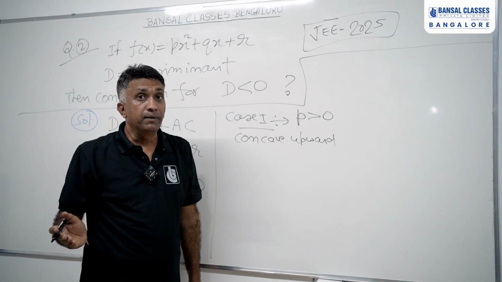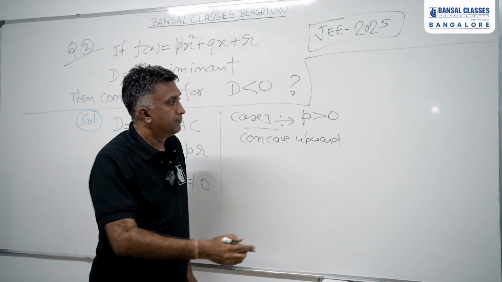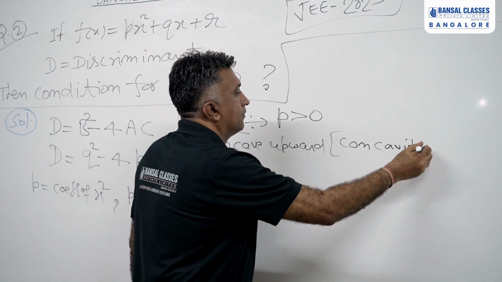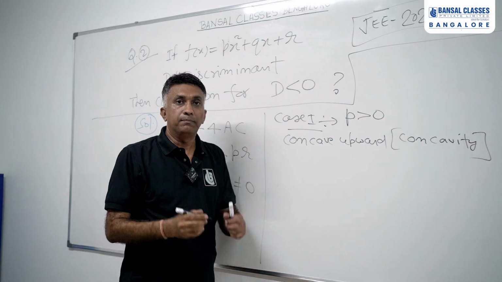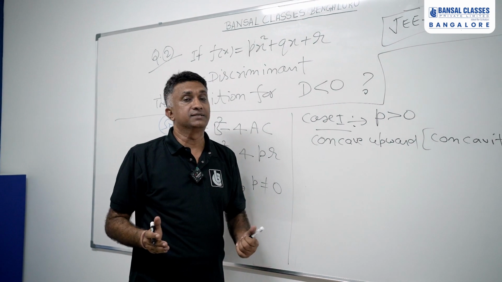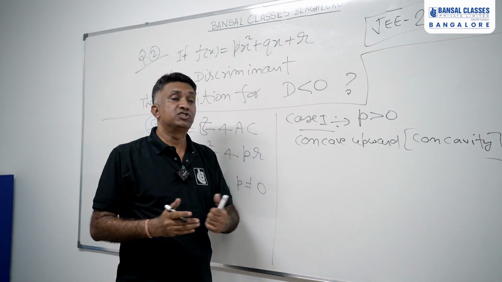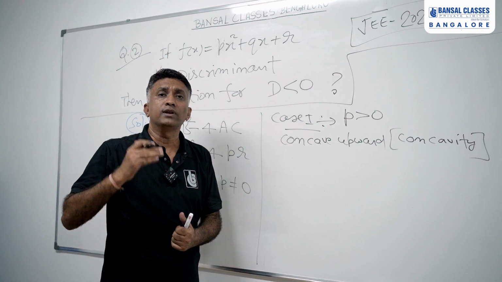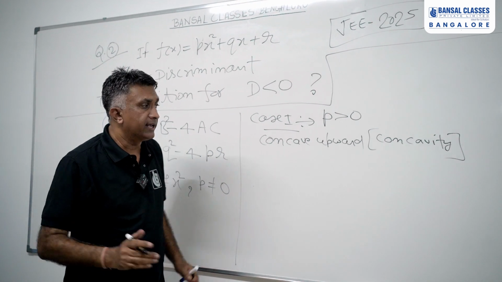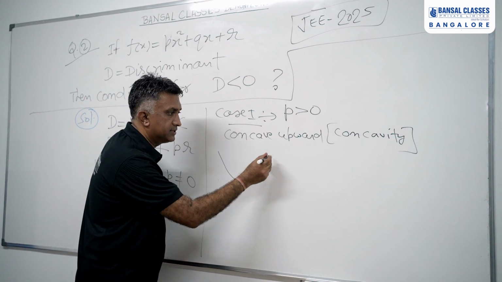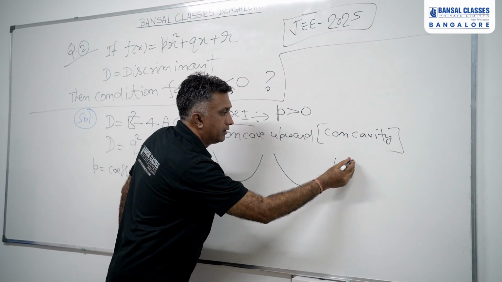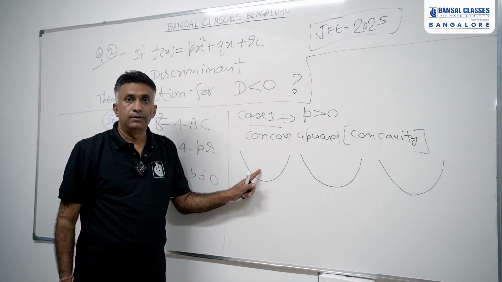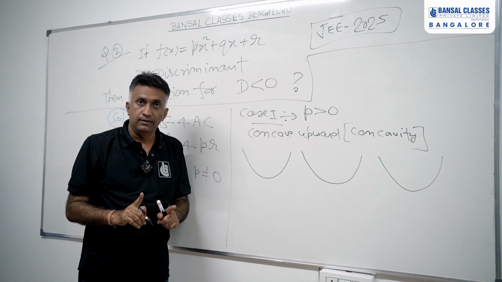When p is positive, when p has the nature of concave upward, then the graph will be like this. It is a curve. We have one line.